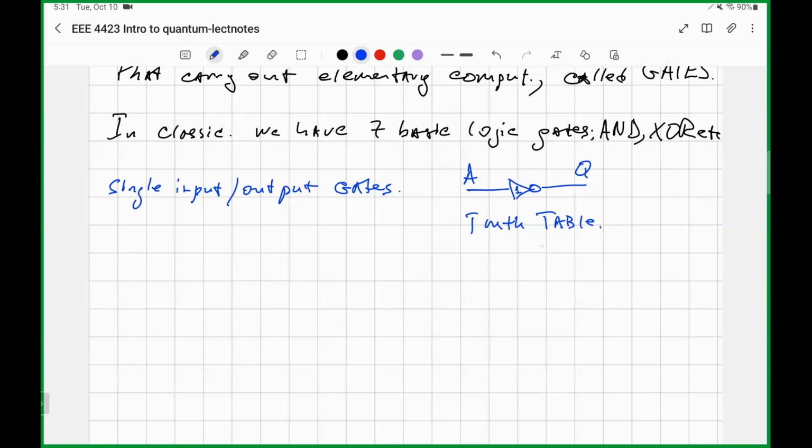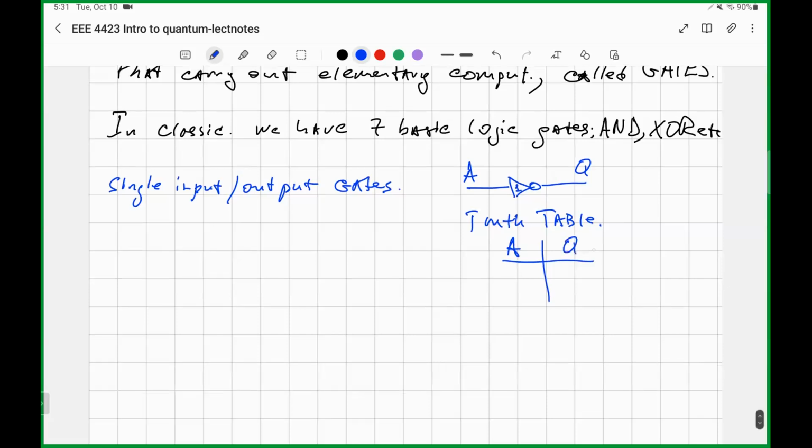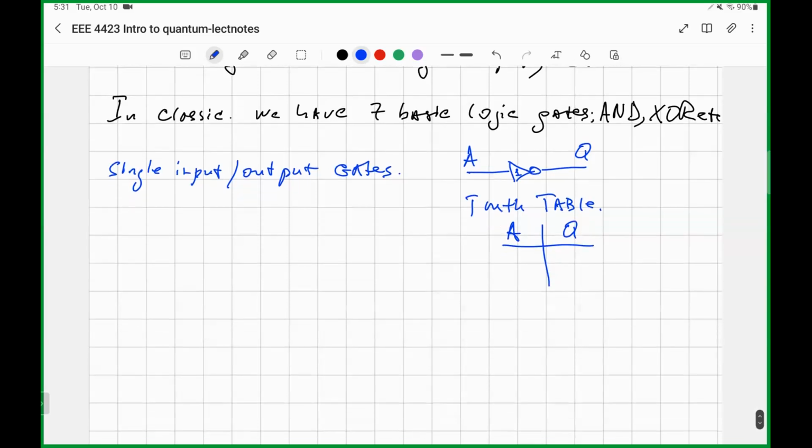The truth table describes the output as a function of the input. The NOT gate inverts the state: if the input is 0, the output is 1, and likewise, if the input is 1, the output is 0.